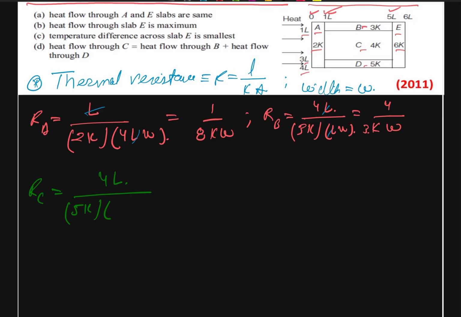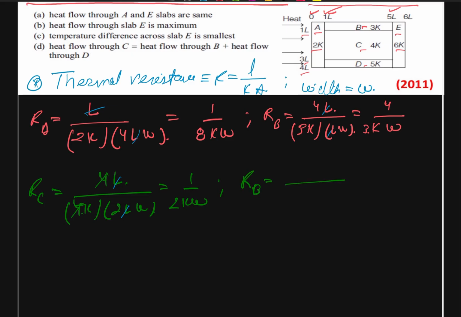One second, C starts from 1L to 3L, so this will be 2L multiplied by W. So here L and L cancel out, and this is 4, not 5. So here 4 and 4 also cancel out, so this comes as 1 upon 2KW.